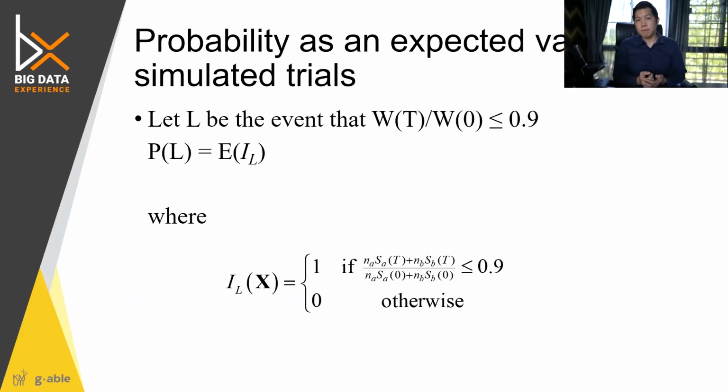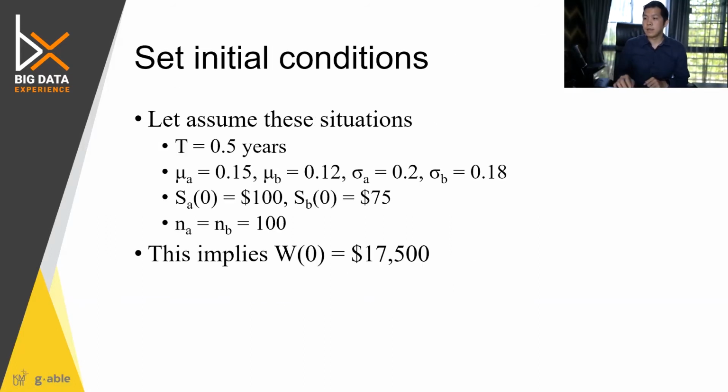We use Monte Carlo, right? Monte Carlo means repeat lots of times. For each time, we compare whether the worth at time t over the worth at time 0 is less than 0.9. If so, count it as 1, otherwise as 0, and then sum them all, divided by the number of runs. Okay.